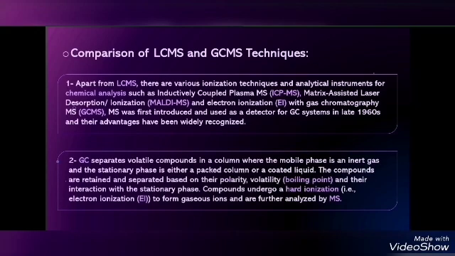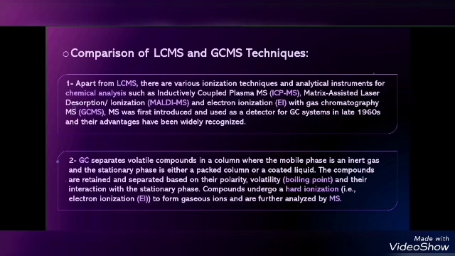2. GC separates volatile compounds in a column where the mobile phase is an inert gas and the stationary phase is either a packed column or a coated liquid. The compounds are retained and separated based on their polarity, volatility, boiling point, and their interaction with the stationary phase.